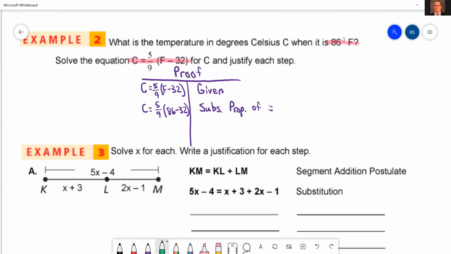Let's calculate this value right here. That'll be C equals 5/9 times, let's see, what is that? 86 minus 32 is 54.